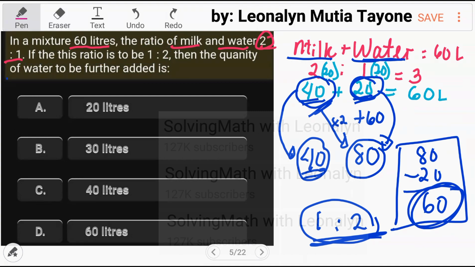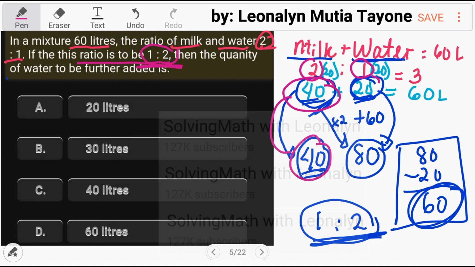Uulitin natin. Kung i-change daw yung ratio to 1:2 from 2:1, ilang water daw ang idagdag? Ibig sabihin yan, klaro naman na kung ilan yung milk, ganun pa rin, 40 liters yung milk.